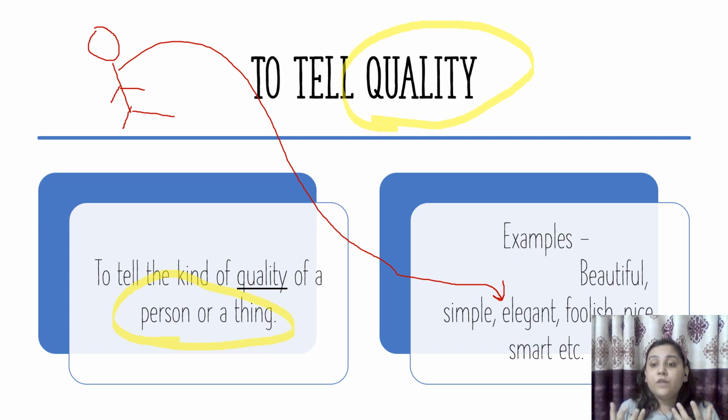This person is elegant. Elegant becomes the adjective. Then I say, oh, such a foolish boy. That means foolish is the adjective. Smart, nice, simple, beautiful, honest. All these are describing words or adjectives.